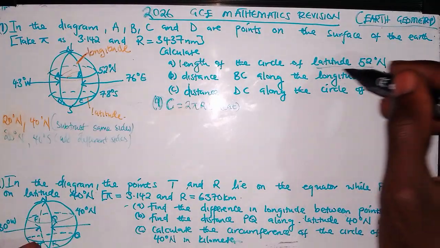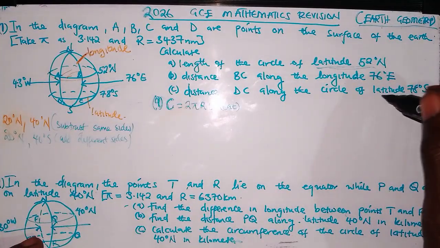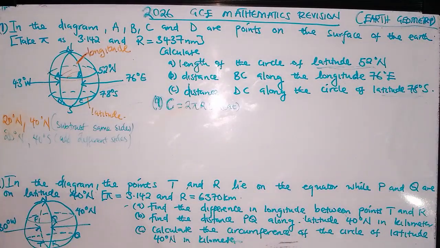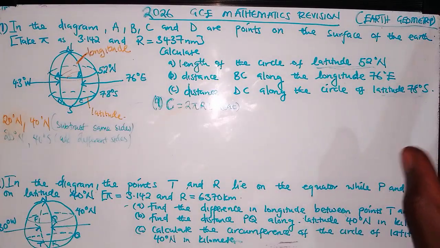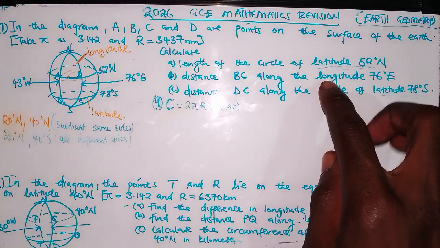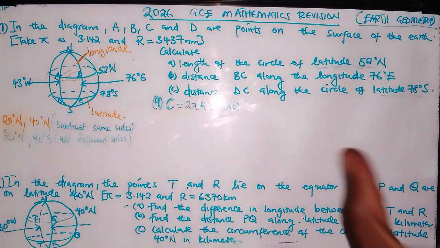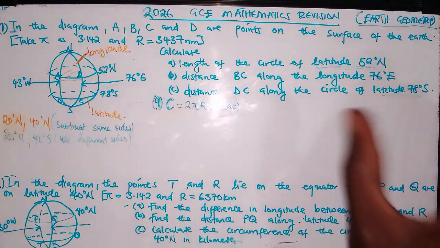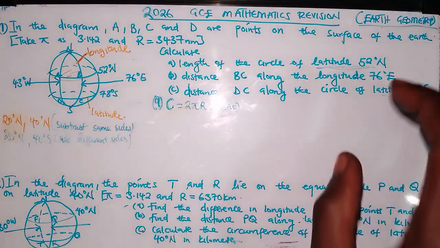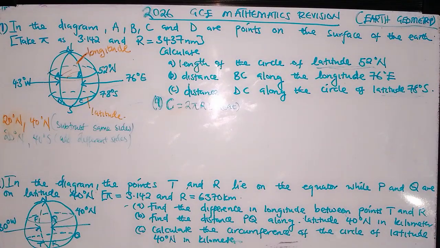But if you have the longitude here, just ignore it. We don't use longitude because longitudes are always the same, but the latitudes are different. So if you have a longitude at the end, ignore it. But if you have a latitude, always add it to the equation.